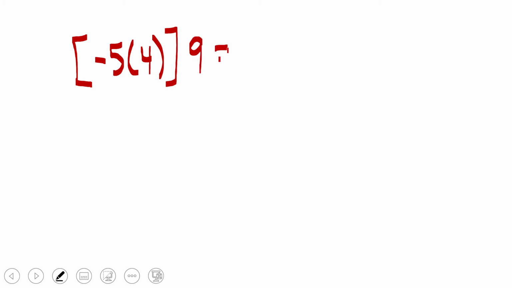The associative property is an example. I even use brackets for this one. Negative 5 times 4 times 9 would equal negative 5, moving the brackets over, 4 times 9.